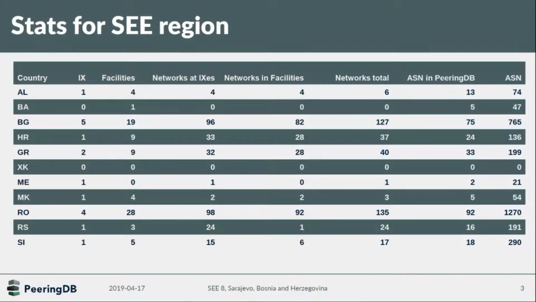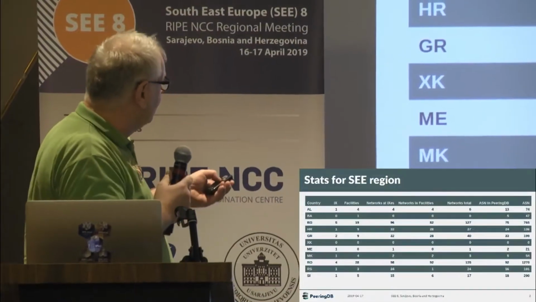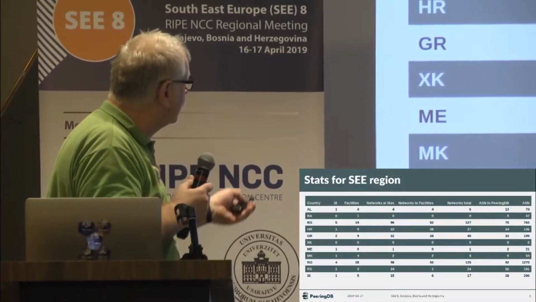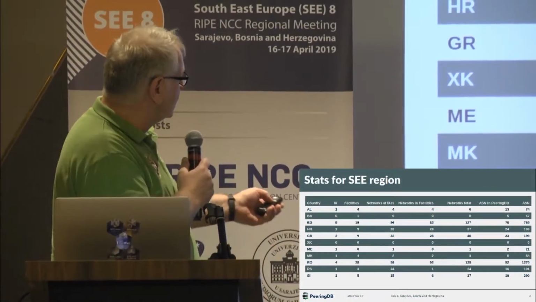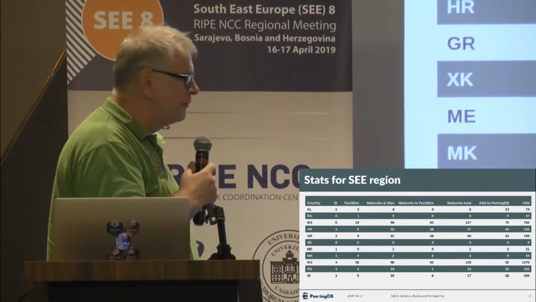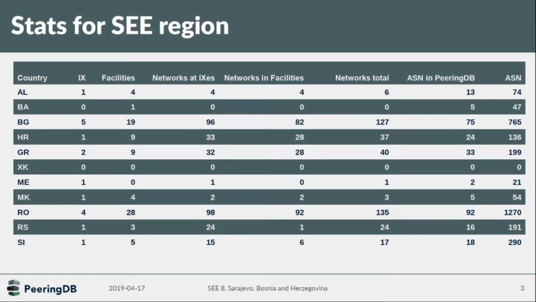What I also did, and this is something new, I did not do it before, is compile information from PeeringDB about the CEE region. In the first column we see the number of IXs in the country. The second is the number of facilities or colocations in the country.